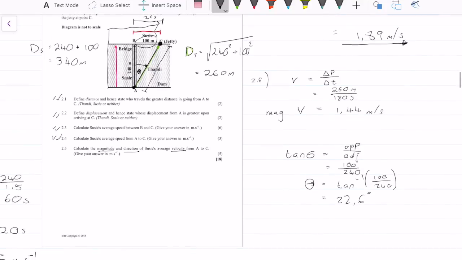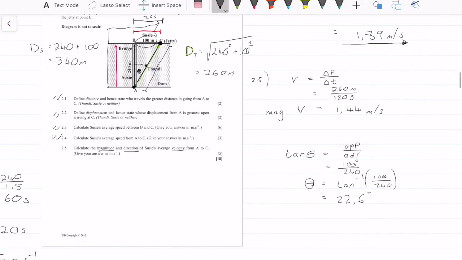So what we can say is the final answer is that the magnitude of her velocity is going to be 1.44 meters per second at 22.6 degrees clockwise.